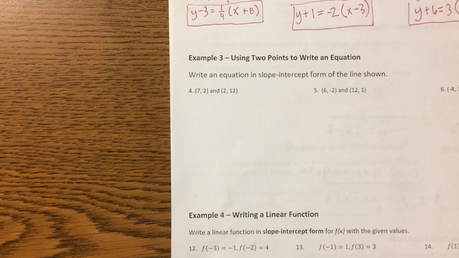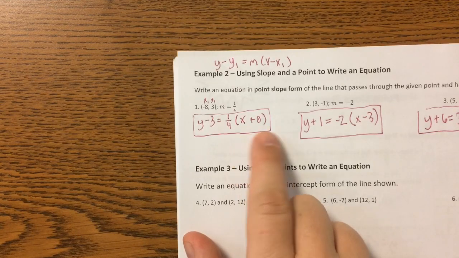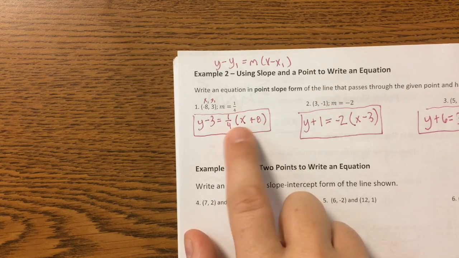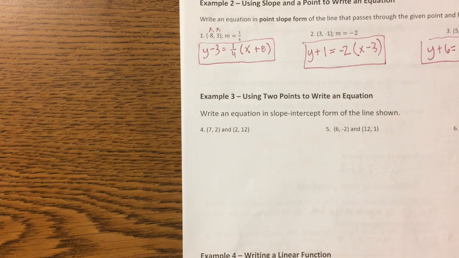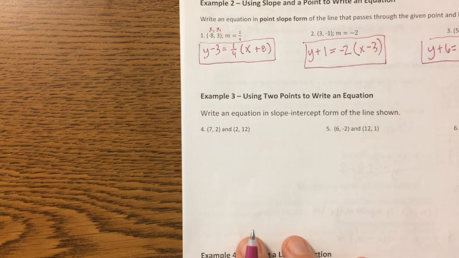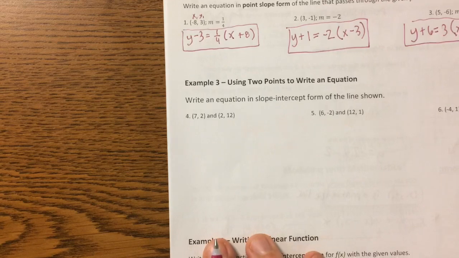The slope. Well, we don't have the y-intercept, but we don't really need it for the point-slope form. We just need a coordinate, and we've got 2 of those. We could pick either one, but what we're missing is the slope. So we've got to calculate the slope.